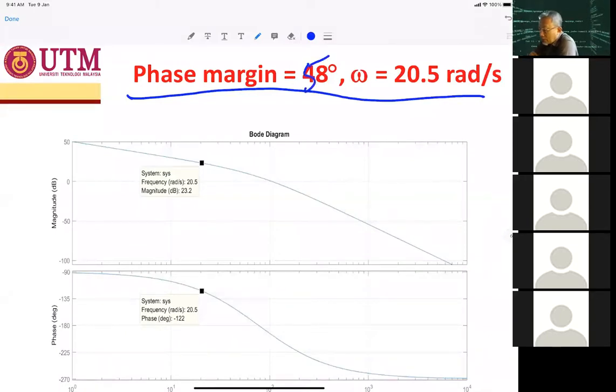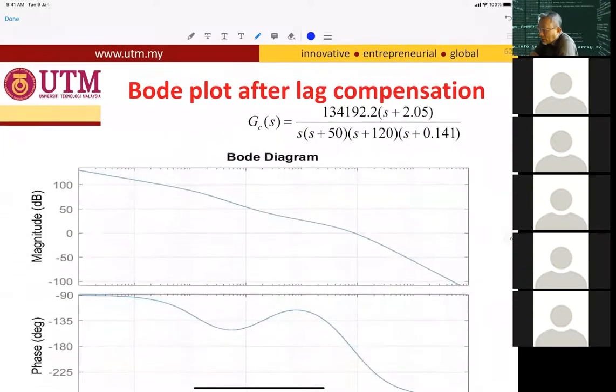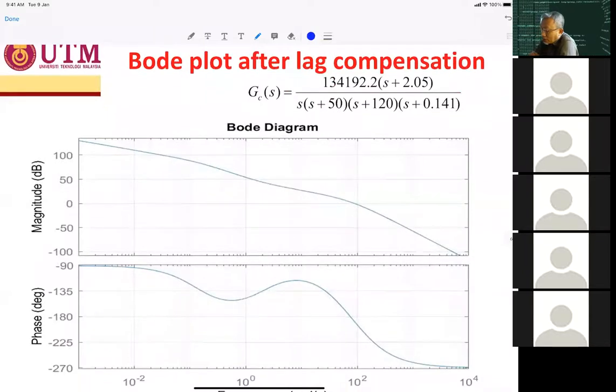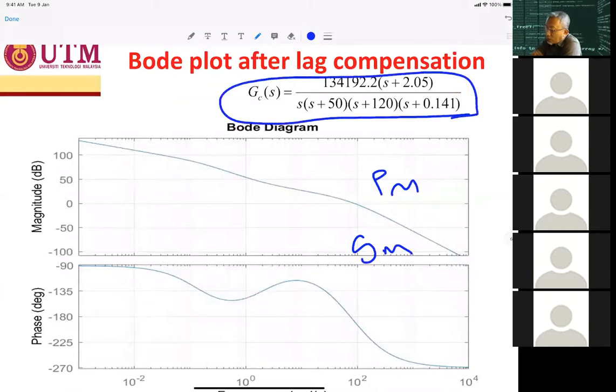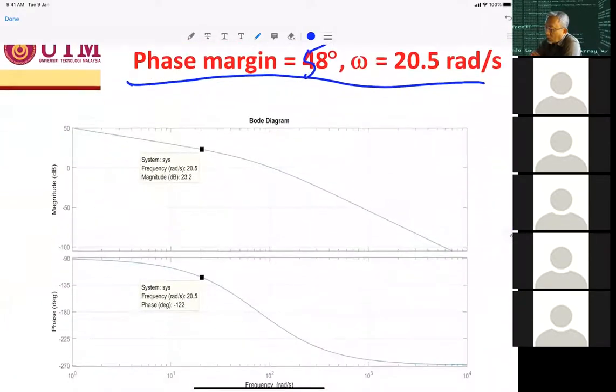It's not 48. Then the overall lag compensation is shown here, but I didn't include the gain margin and phase margin here. You can put this into MATLAB and search for the phase margin, which will give you 58 degrees at 20.5 radians per second.